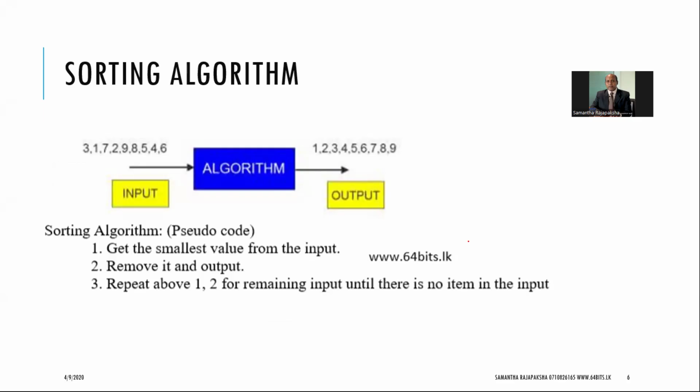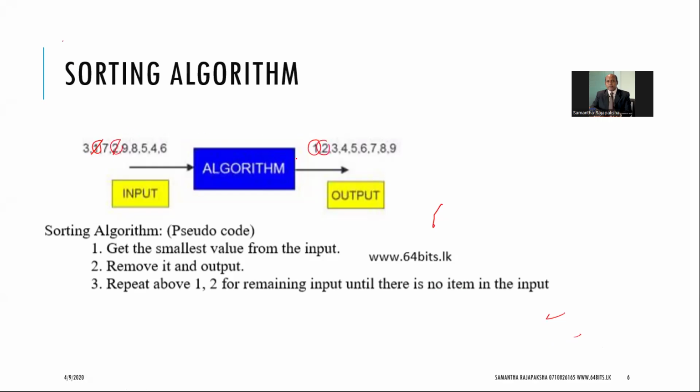So here we have the input. From this input you take the smallest one, this one, and you can remove this and place it on the other side, and go to the next, remove the next smallest and place it on the other side.